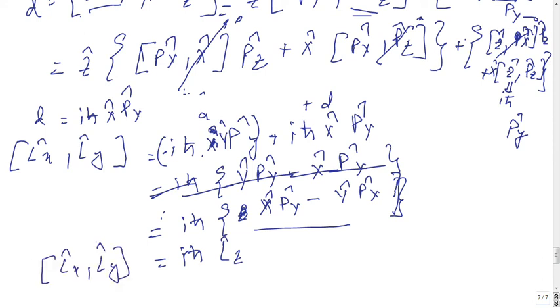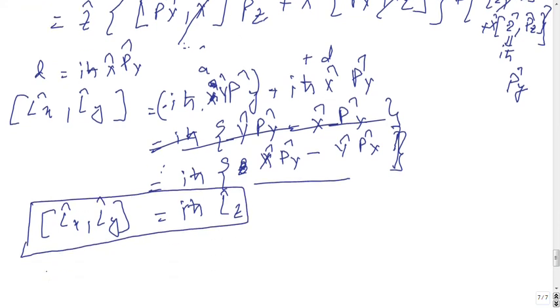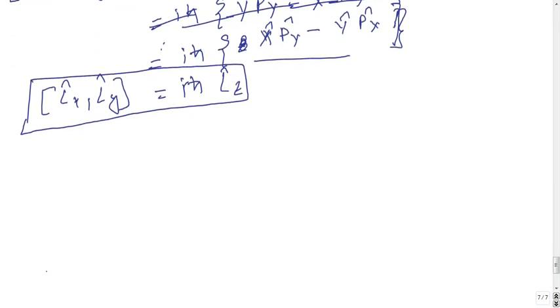Okay, this is the result of the commutation between the Lx and Ly operators. It gives us the Lz operator of the angular momentum.